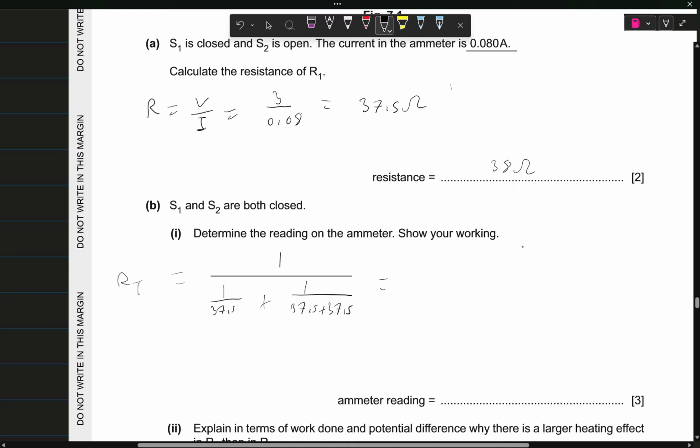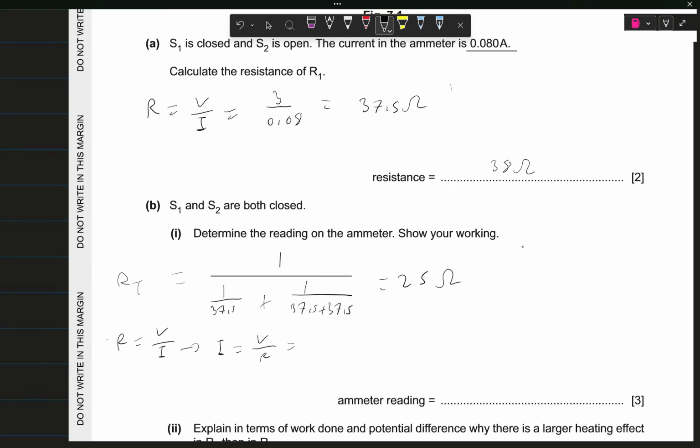Or you can just do 2 times 37.5, since they are identical after all. And if you were to put that in the calculator, then your answer should be about 25. So we have 25 ohms overall. And then we can find the current. So if resistance equals the voltage over current, then that means that the current will equal the voltage over resistance.